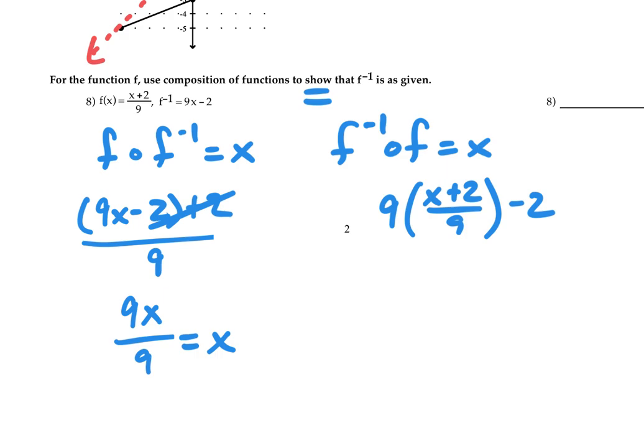If I take 9 times this expression, if I multiply by 9 and I have a 9 on bottom, what's going to happen with my 9s? They cancel. Okay? These 2 are going to disappear. So we have x plus 2 minus 2, and that leaves me x. Okay, so the composition just shows that they both equal x. So you just have to do a little bit of algebra there to show they both equal x.